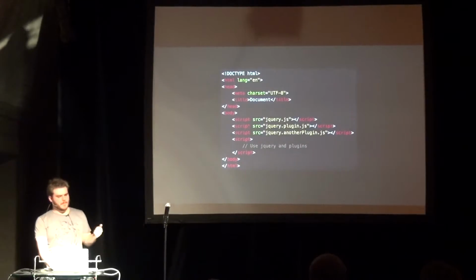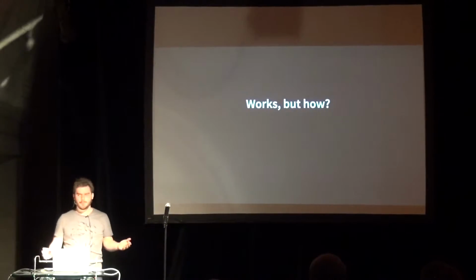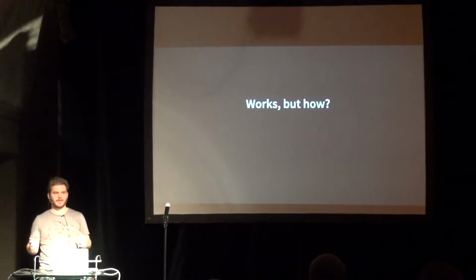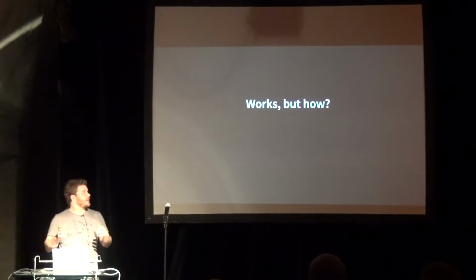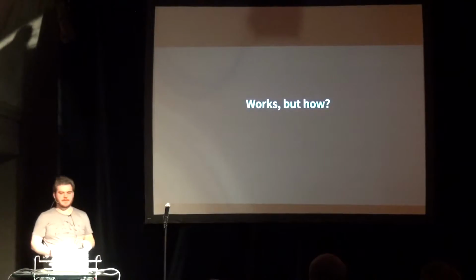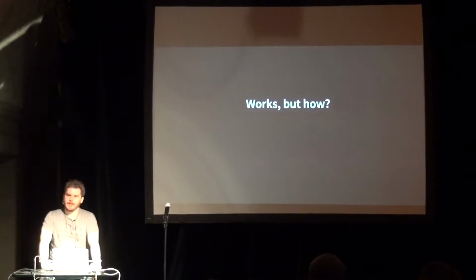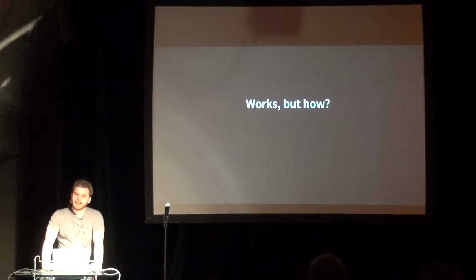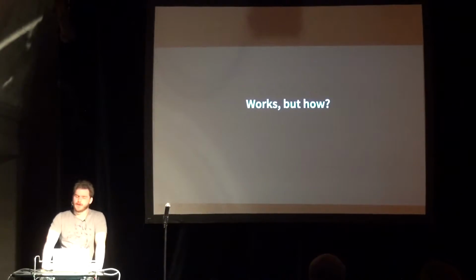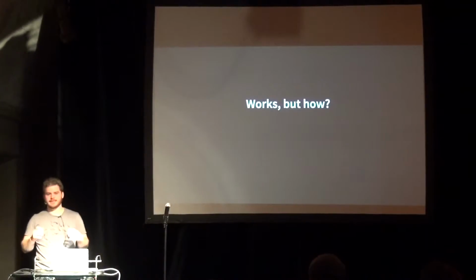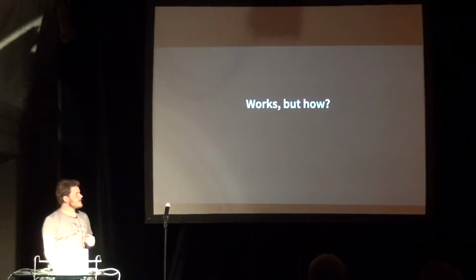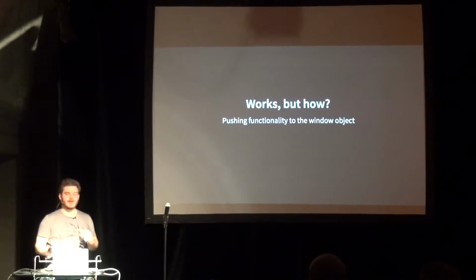Okay, this apparently works, but how does it work? Every web page, even the web page I'm showing you the presentation on right now, has a global object. This is also sometimes called the window object. And every script which is loading on the page has access to this window object. When jQuery loads, it pushes functionality to the window object.